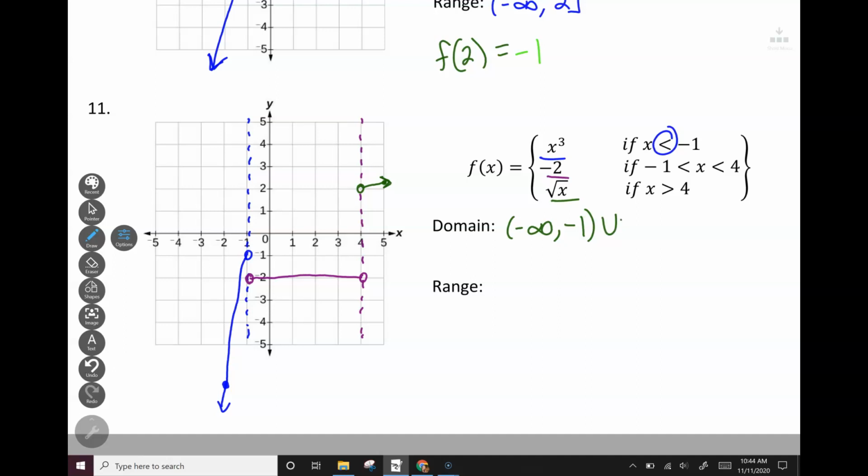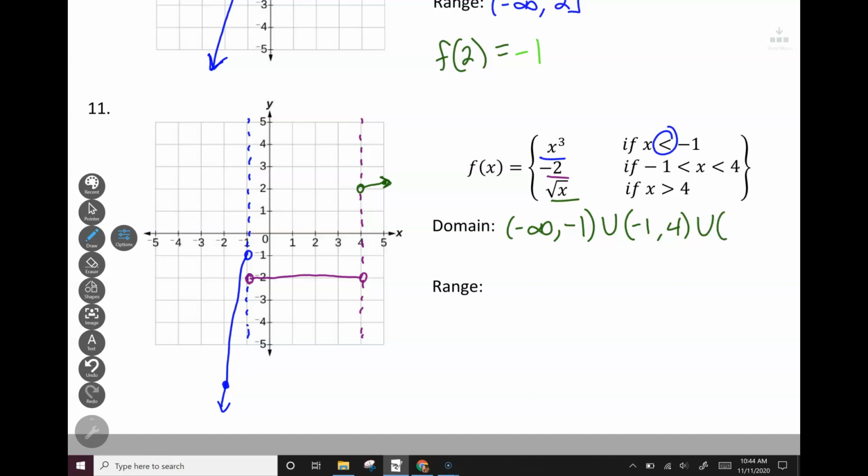Union. And then we start again at -1 on the purple line, and then you continue all the way to +4. Is there a point at +4? Nope, both of those are open circles, so we can't include the positive 4, so we have to stop.